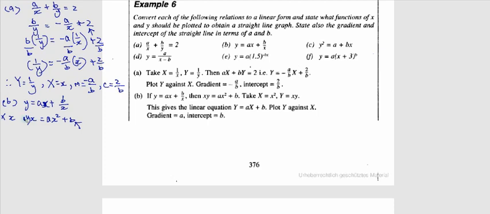The coefficient is 1. Okay, now so we are ready. Therefore, big Y is equal to yx, big X is equal to x squared, m is equal to a, c is equal to b.